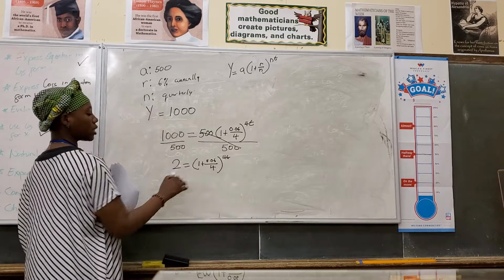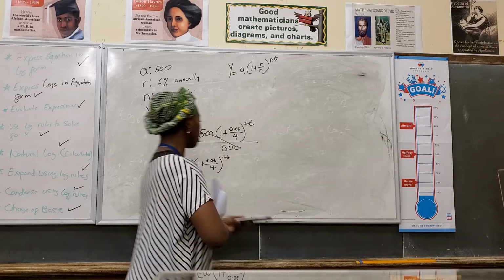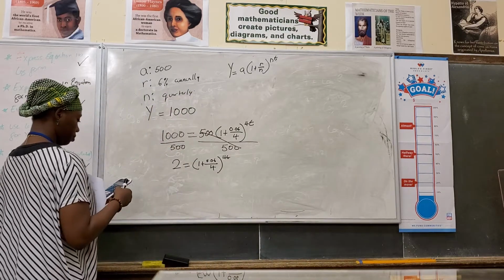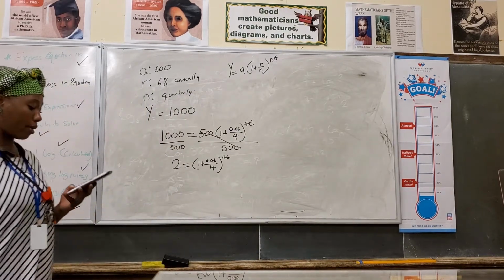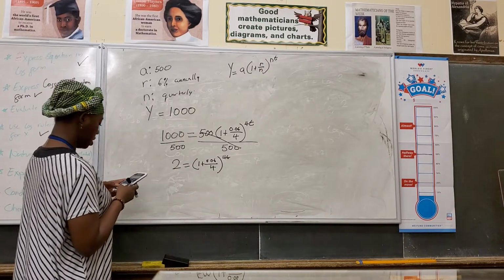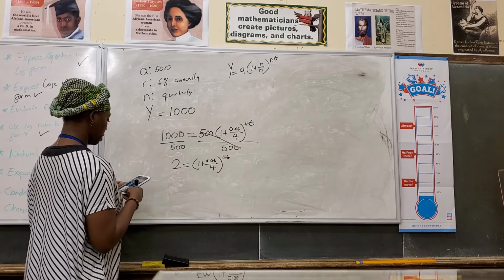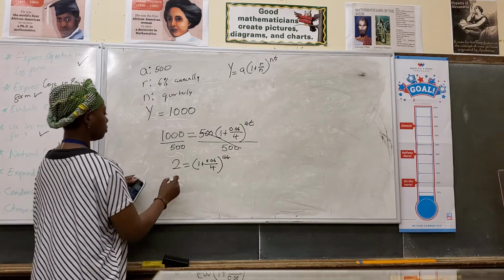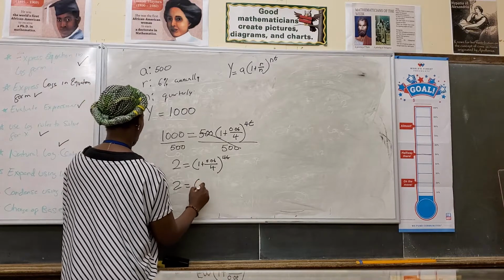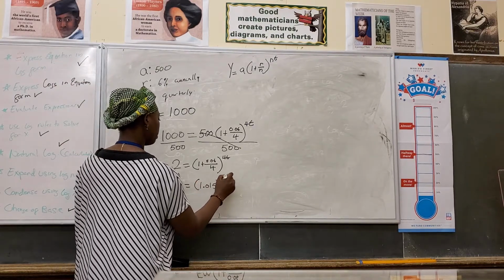Now I need to do what's inside the parentheses: 1 plus, in parentheses, 0.06 divided by 4, close parentheses, equals. So I have 2 is equal to 1.015 raised to the power of 4t.